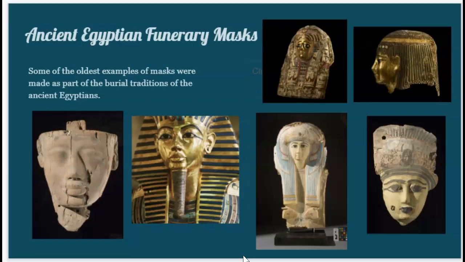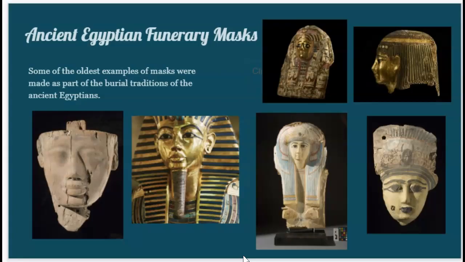The ancient Egyptians had a lot of beliefs surrounding what happened after you died, and they had particular customs that they had to follow in order to make it to the afterlife.